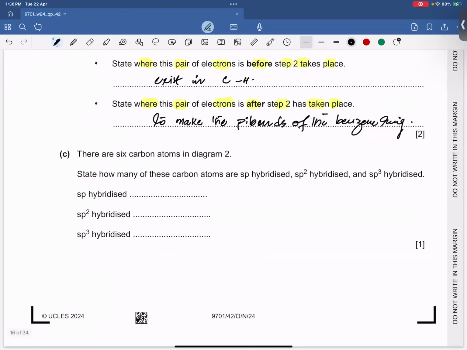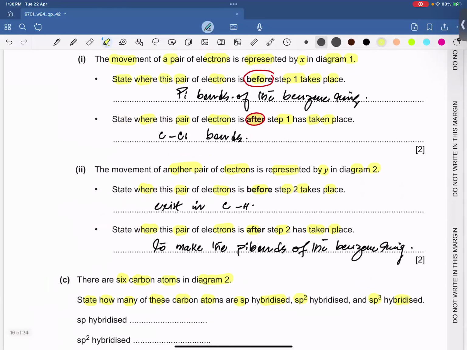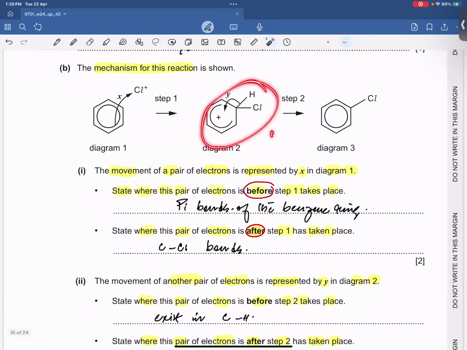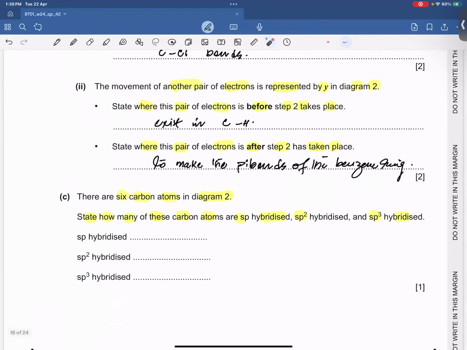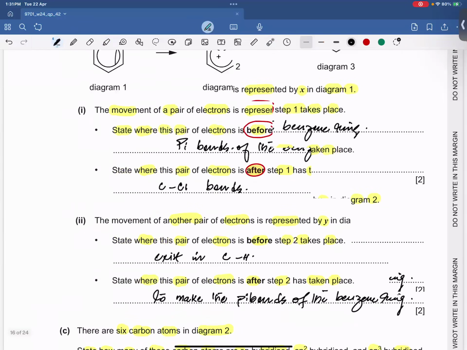There are 6 carbon atoms in diagram 2. State how many of these carbon atoms are sp, sp2 and sp3 hybridized. Whenever we have a triple bond, there is sp hybridization. There is no triple bond in this diagram, so sp hybridized is 0. sp3 is single bonded.